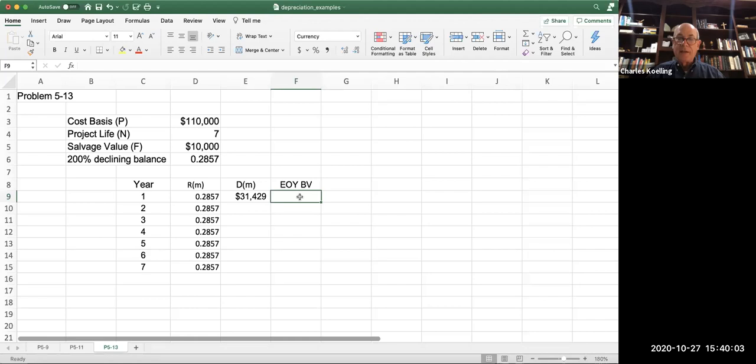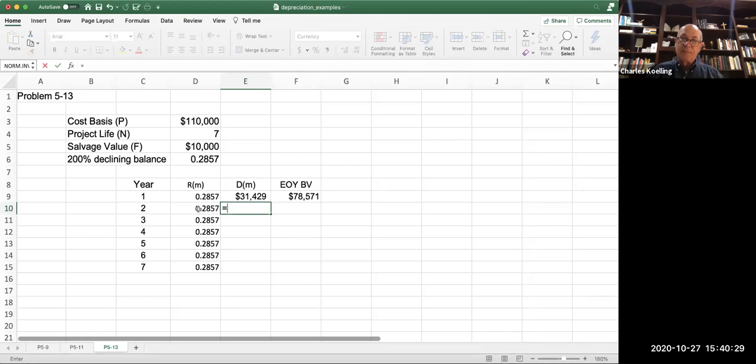The end of year book value then is equal to the purchase price minus the depreciation amount. Our book value then at the end of the first year is $78,571.